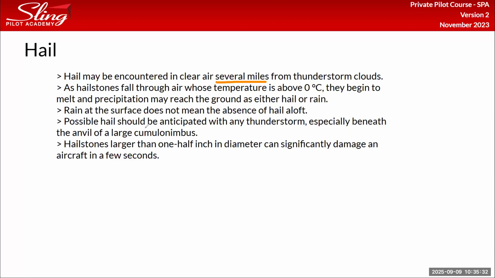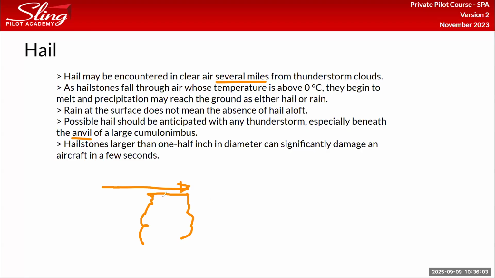Okay. Yeah, you should anticipate hail with any thunderstorms, but especially beneath the anvil of a large cumulonimbus. Do we remember the anvil that I talked about? That anvil top is where the jet stream kind of cuts off the top of a towering cumulonimbus cloud. So it looks like this, there's the cloud, and then it has like a weird top, like this, where the jet stream is flowing.